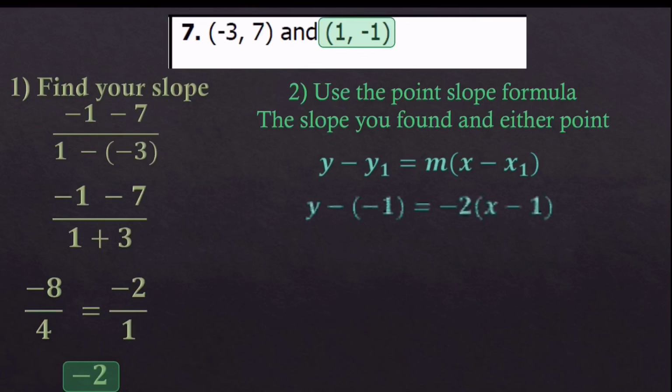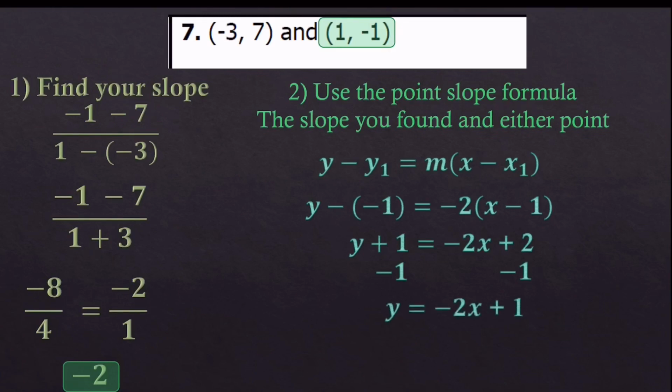Okay. Then I'm going to rewrite it. Notice, minus a negative becomes a plus, and I already distributed my -2. I can do that all in one step. Now I subtract 1 from both sides. Ladies and gentlemen, I get y equals -2x plus 1. That's the equation of my line.